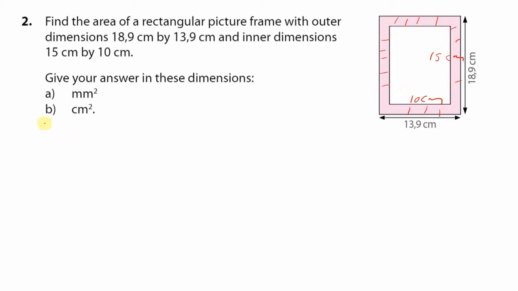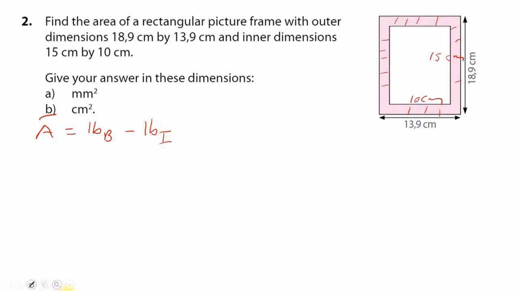So for number B, we can say the area is equal to the length times breadth of the big rectangle, or the whole rectangle, minus the length times the breadth of the inside.